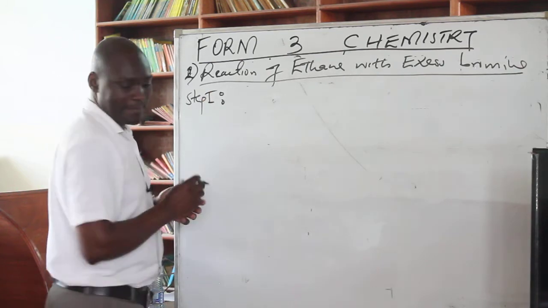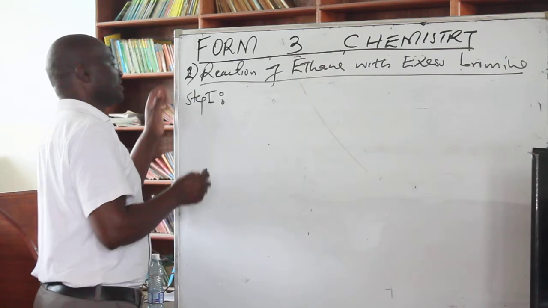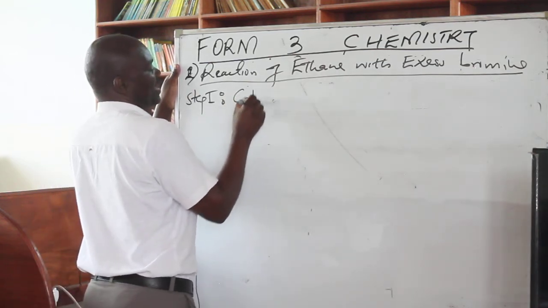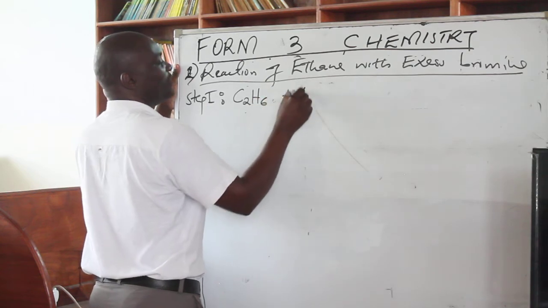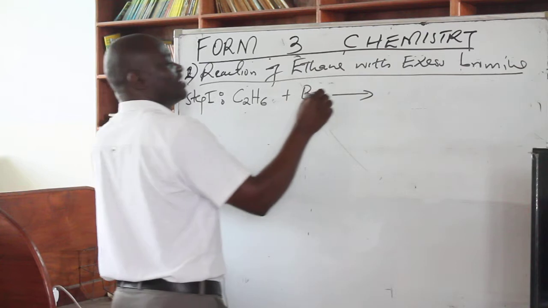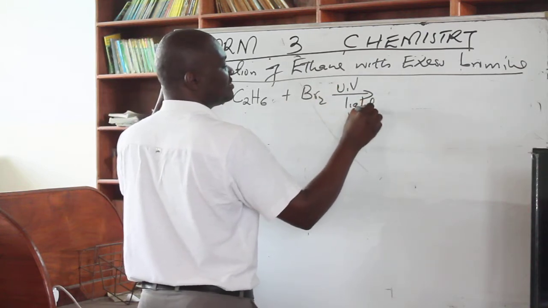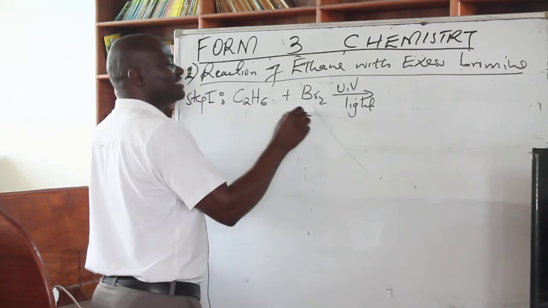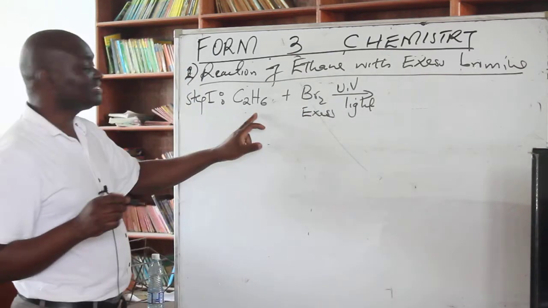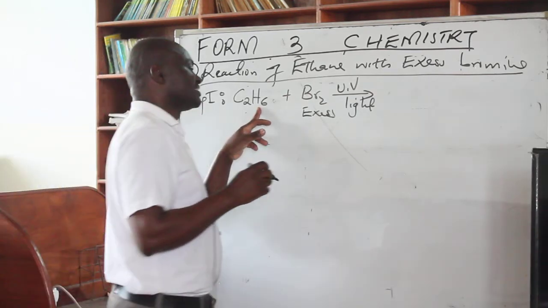In step 1, the ethane, which is C2H6, will react with bromine, and we need UV light. This one is in excess. So the first step, one hydrogen will be replaced.